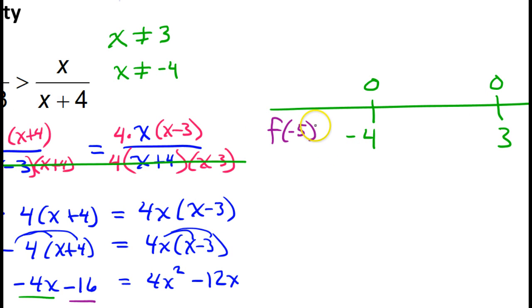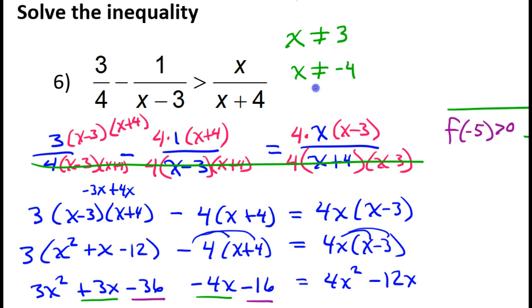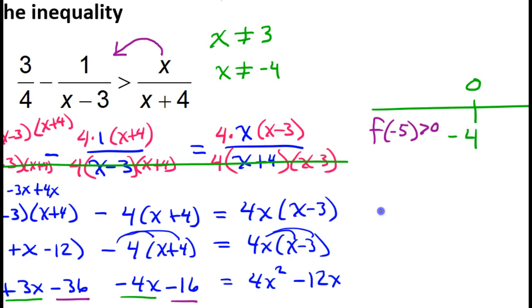Now I'm testing to see whether or not this is greater than 0. The reason why, we really need 0 on one side, so what I'm going to do is move this entire fraction over to the left, and it's going to become negative. And in a little while I'm going to put that in my calculator. But to be clear, the thing that I'm going to put in my calculator is 3/4 minus 1 over x minus 3.